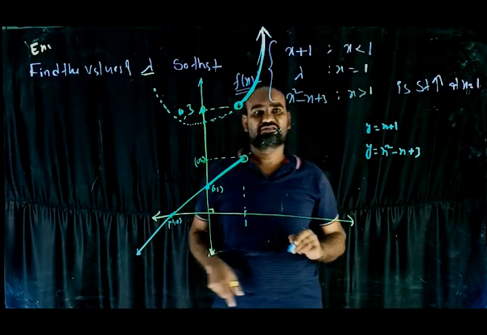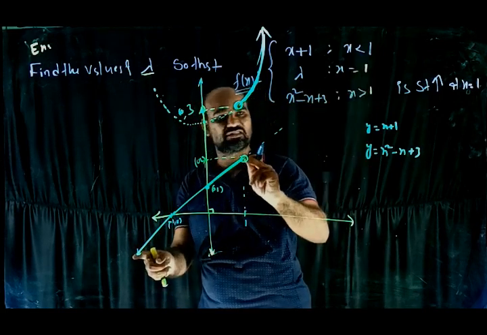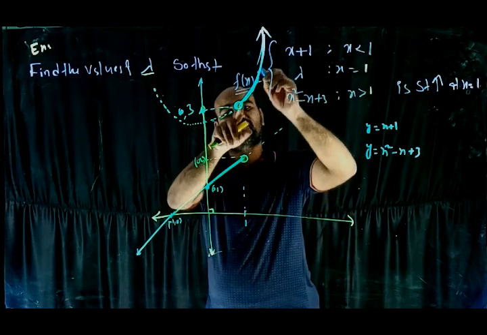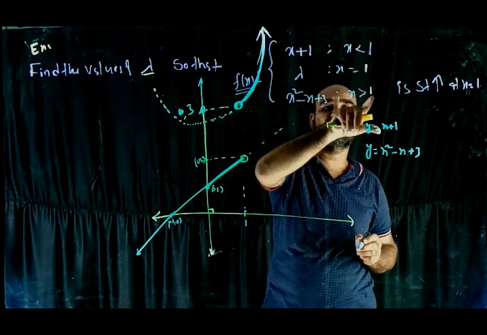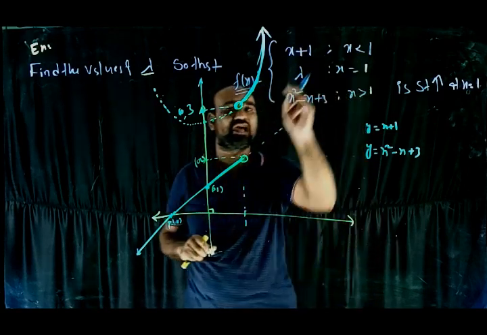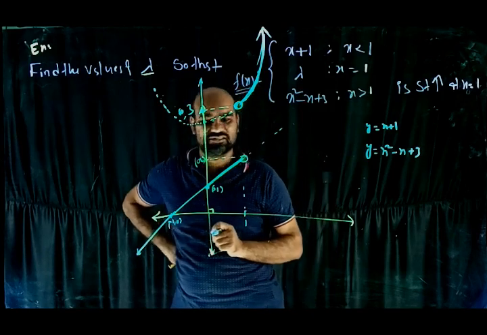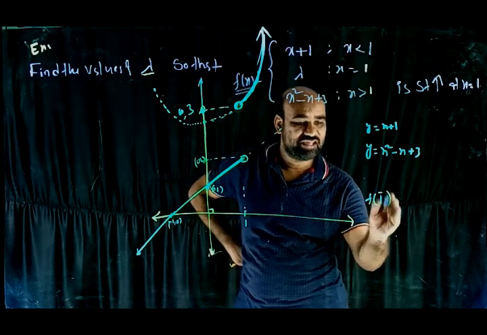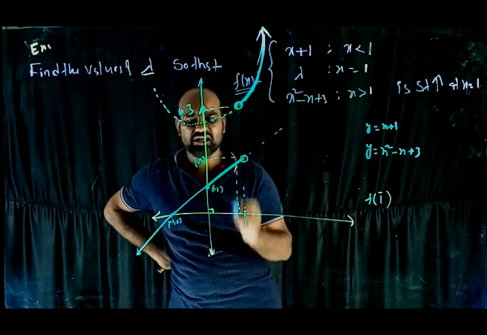Observe here, the graph of y equal to x plus 1 for x less than 1 is this. The graph of y equal to x square minus x plus 3 for x greater than 1 is this. Okay, at x equal to 1 this function is not defined, at x equal to 1 it is lambda. So what are the values of lambda so that the function is strictly increasing? What is f of 1 minus? f of 1 minus is just nearer to 2.